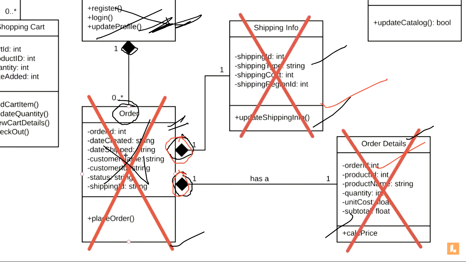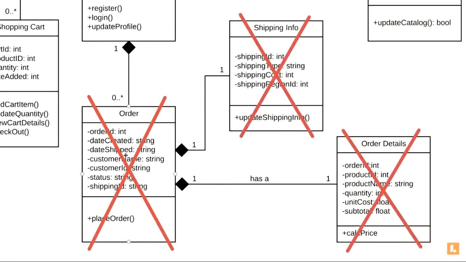It means if somehow this order gets deleted, automatically the shipping info will be deleted and the order details will be deleted. Obviously it makes sense. If you delete a particular order, the shipping info where the order has to be sent will also be deleted with the order, and the order details will also be deleted. So it makes sense, right? Now let's see the multiplicity here. First read this. Tell me.